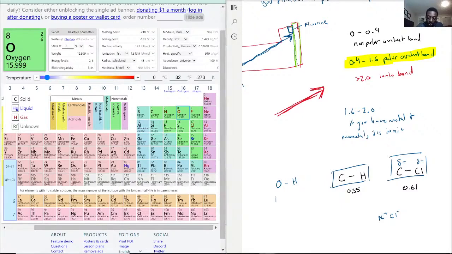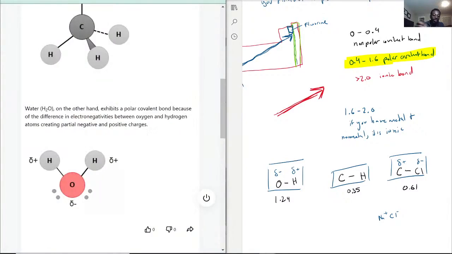So that's a 1.24 difference. Just like how we drew the other one, it's going to be more negative on the oxygen, because it's always going to be more negative toward the one that's greater in electronegativity, as the name implies. So that's the breakdown, the oxygen-hydrogen bonds in water.